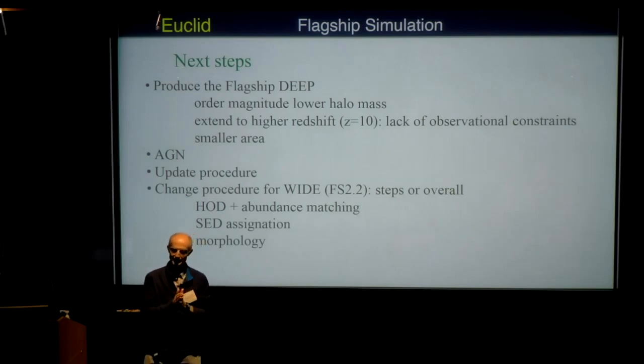When do you go to 10 to the 10? But something that we want to do now is with this Flagship. The other thing is that our halo provider, the Zurich people, haven't provided us exactly the catalogs that we wanted to start playing with.